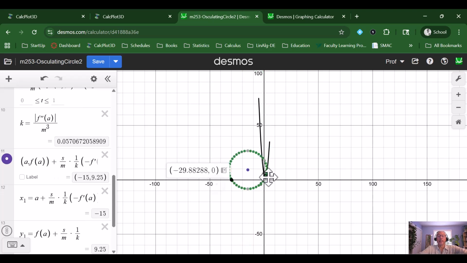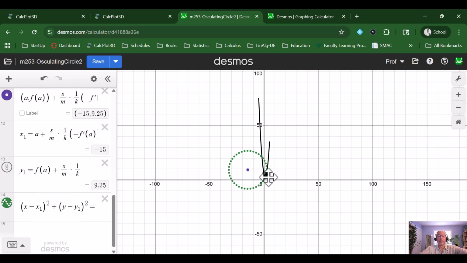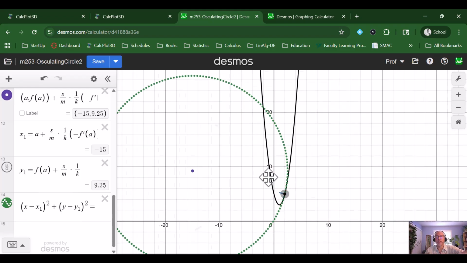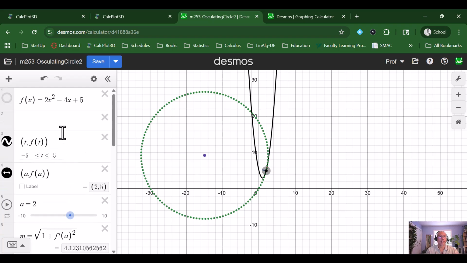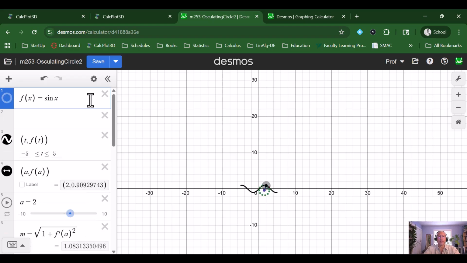There are a lot of interesting aspects to being able to view this. If you do it correctly, you can do all these computations, and I can just change this into a different curve.